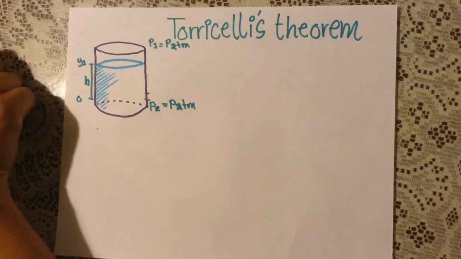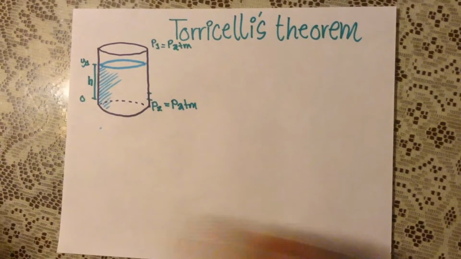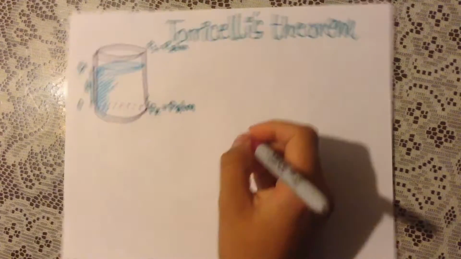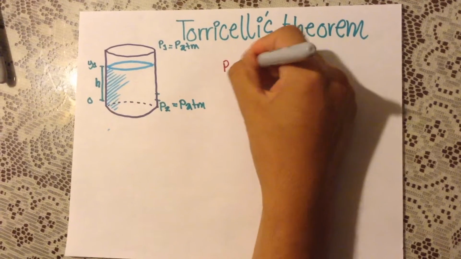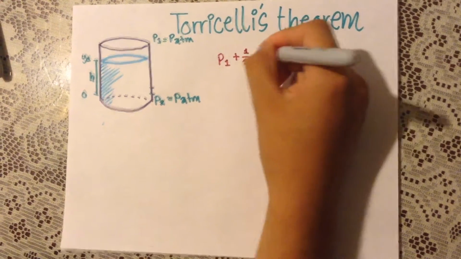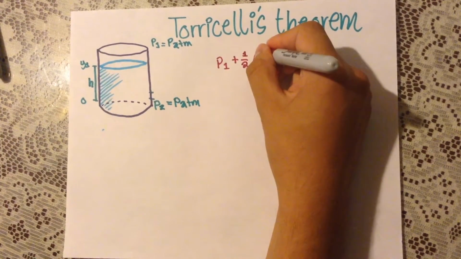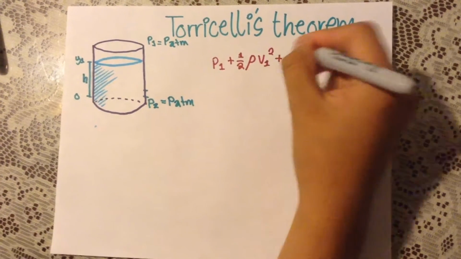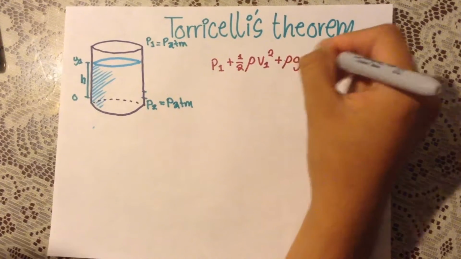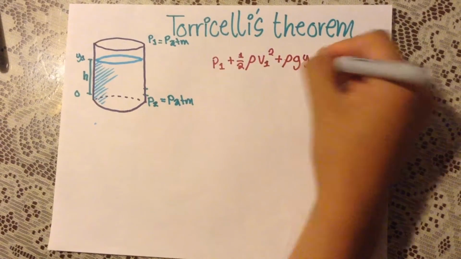So using Bernoulli's equation at position 1, we got P1 plus 1/2 of the density of the water times velocity 1 squared, plus density times gravity times g1.